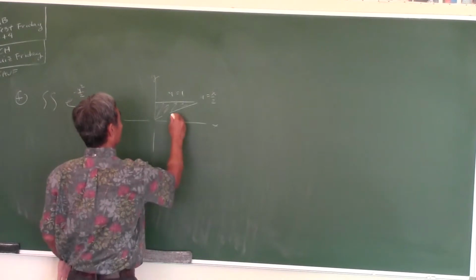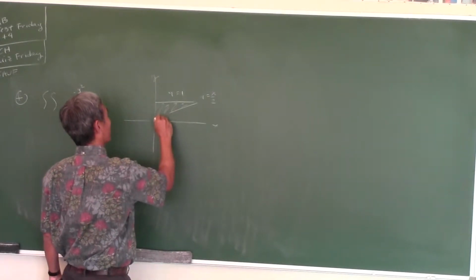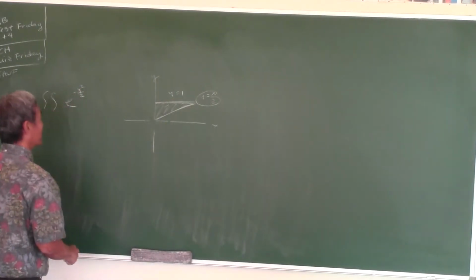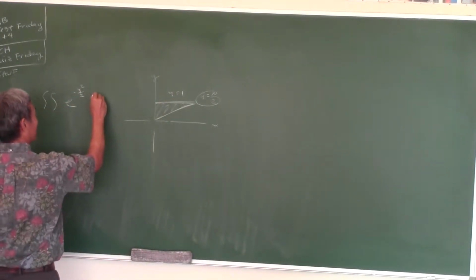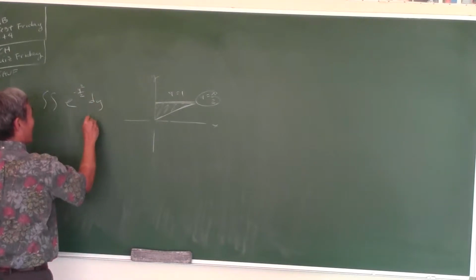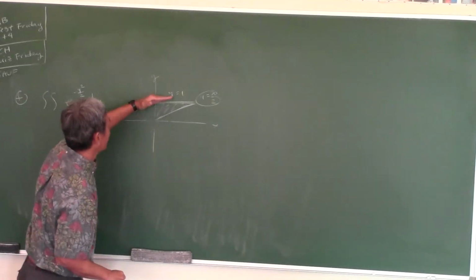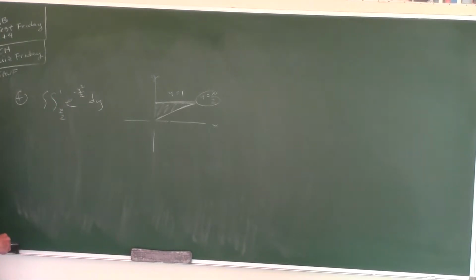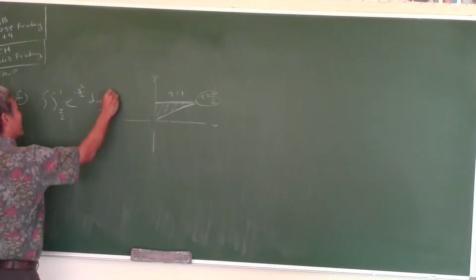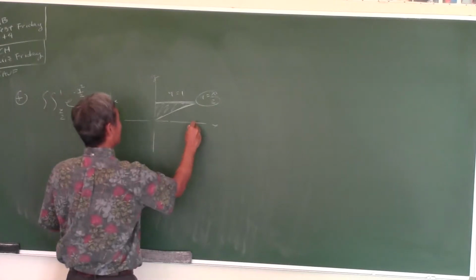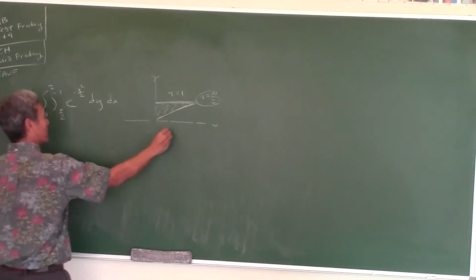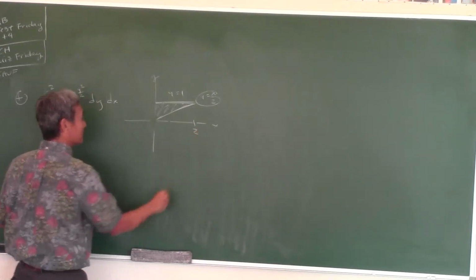So we're gonna integrate with respect to y first, and y goes from x over 2 to 1, correct? And then we integrate with respect to x, so that's gonna go from 0 to 2, right?